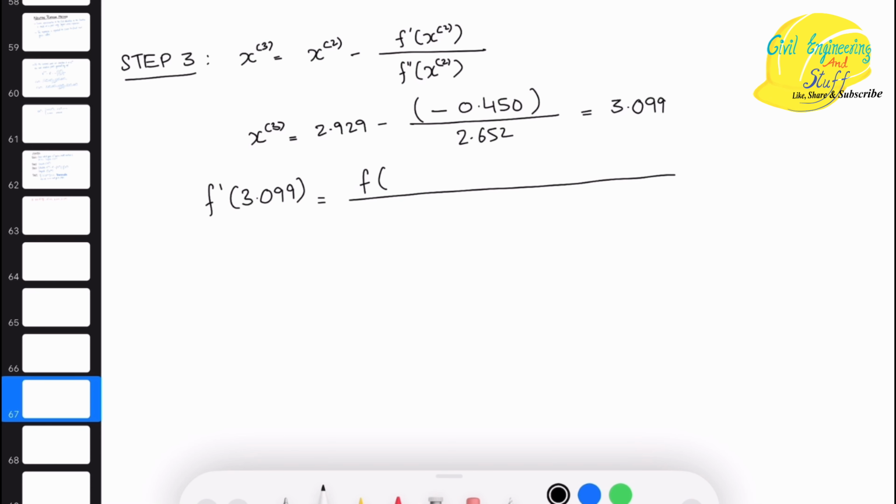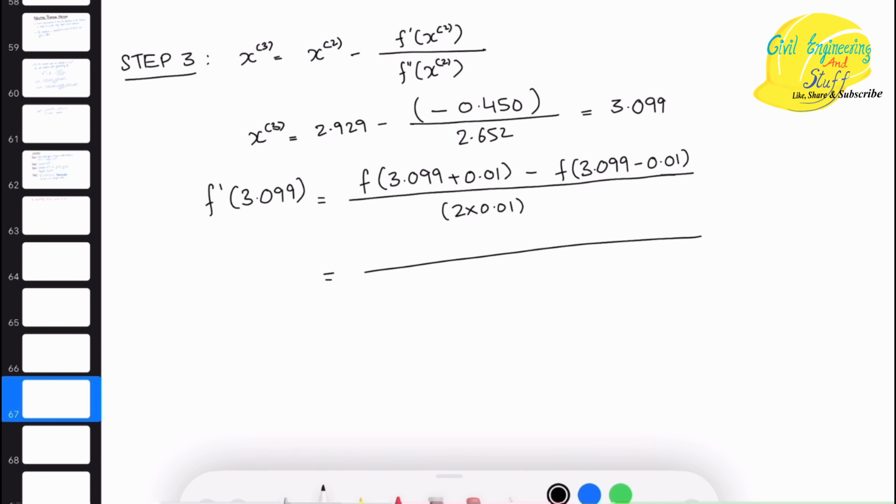So f of 3.099 plus 0.01 minus f of 3.099 minus 0.01 divided by 2 into 0.01. That is, we have to find out the function value of what point?